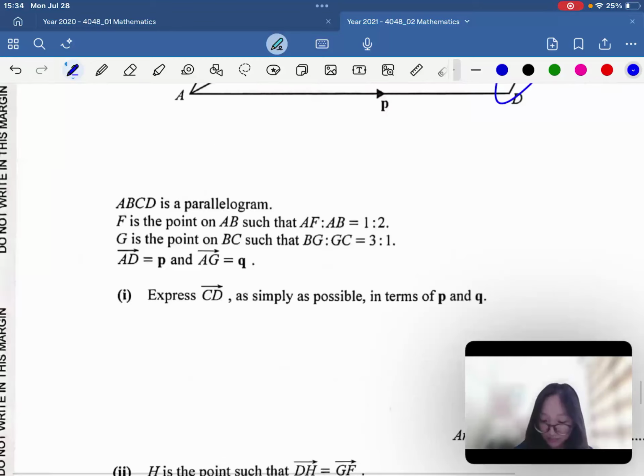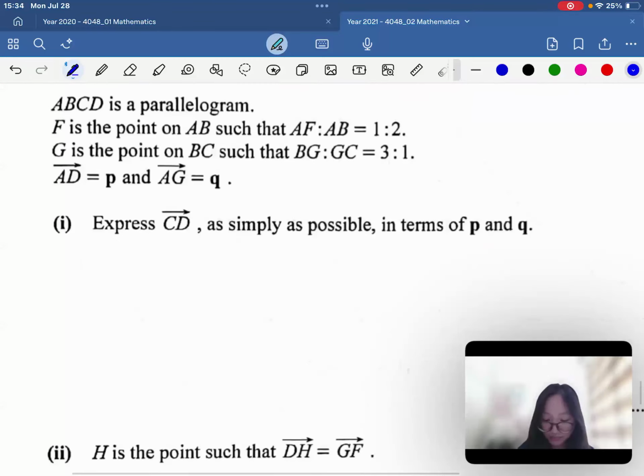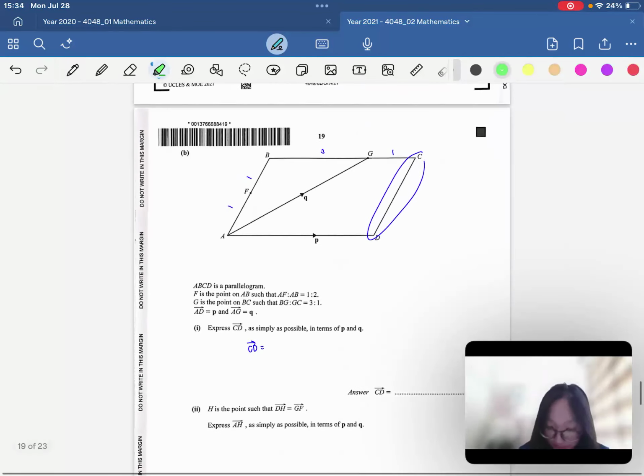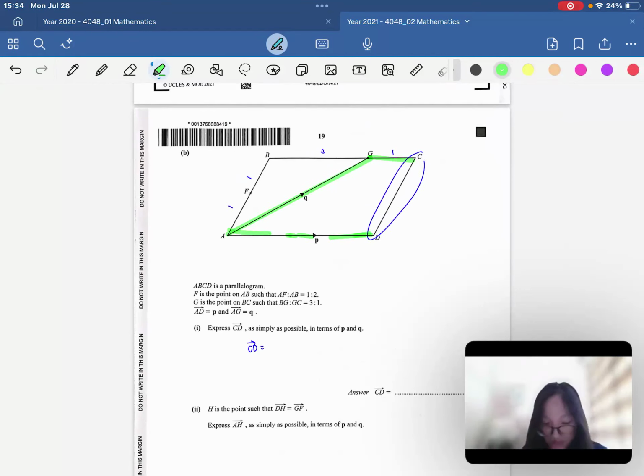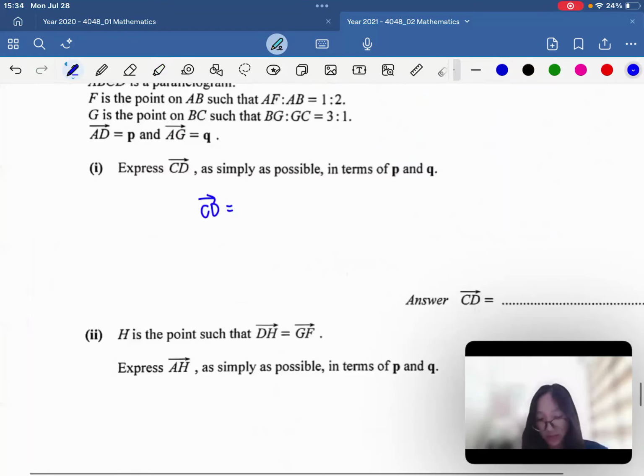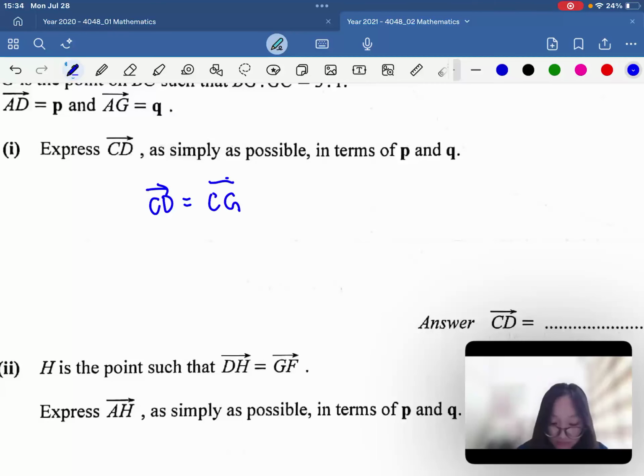So very simply, CD is equal to these three vectors added up together. So it is equal to CG plus GA plus AD.